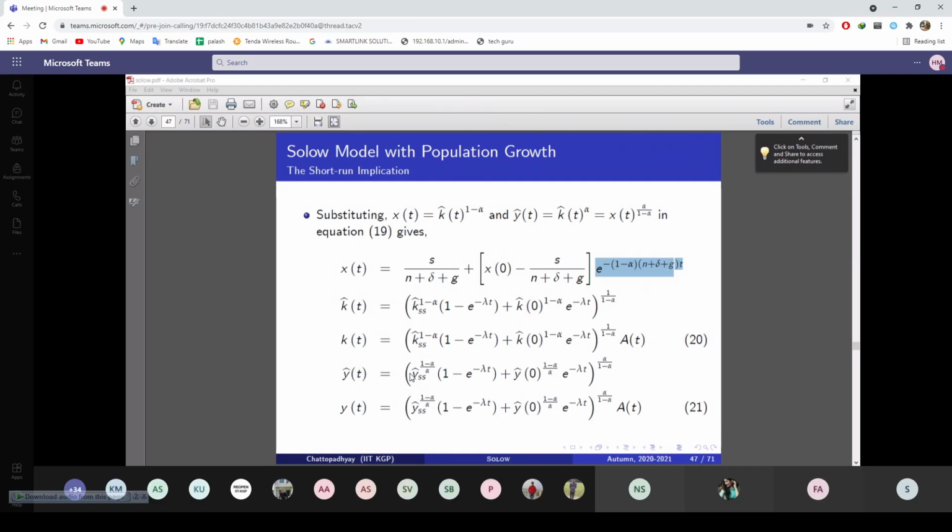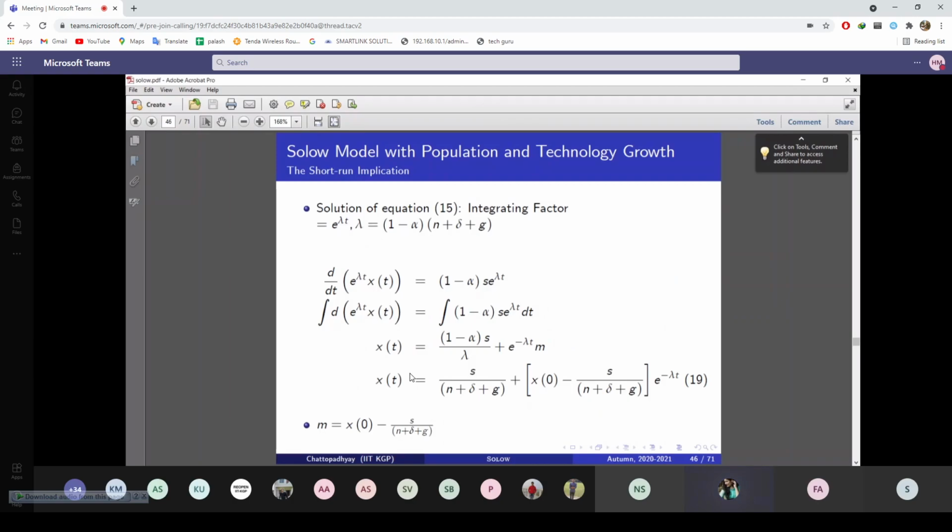Sir, in this first equation, you said the converging rate is lambda. That we derived by doing x dot t by xt, right? The convergence is lambda. But from here, you still do not know what the convergence rate is.